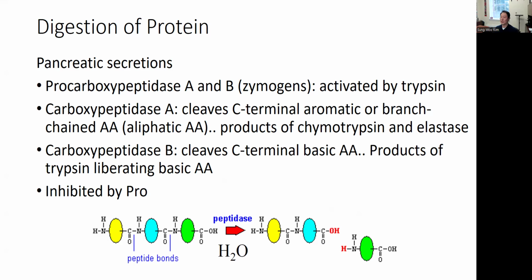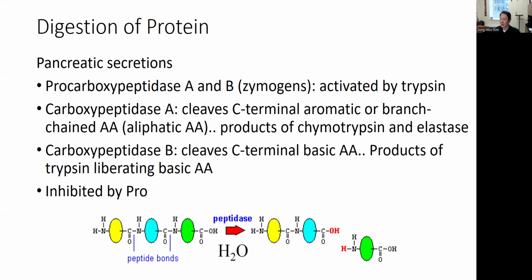when chymotrypsin reacts and digests long polypeptide into smaller peptides, those peptides always end with aromatic amino acids, like tryptophan, tyrosine, and phenylalanine, because chymotrypsin will cut the peptide bond on the carboxyl side of aromatic amino acid.